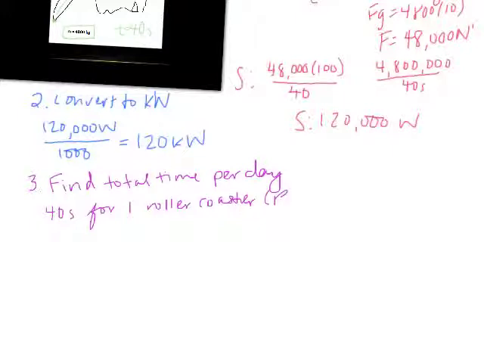But think about it. Does a roller coaster only go once per day? No, it goes a ton of times. This is something you'll probably have to do a little research on, but just so that we can work through the problem, we're going to say the roller coaster goes one time every 2 minutes.